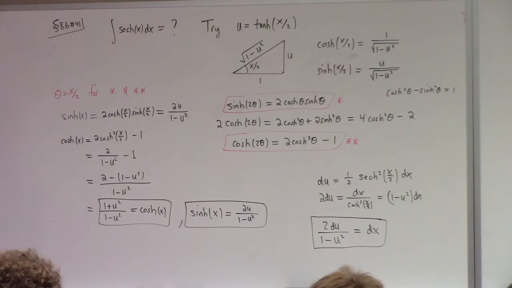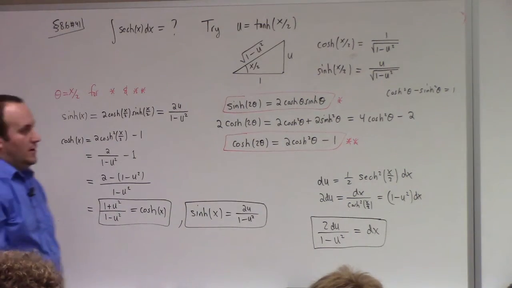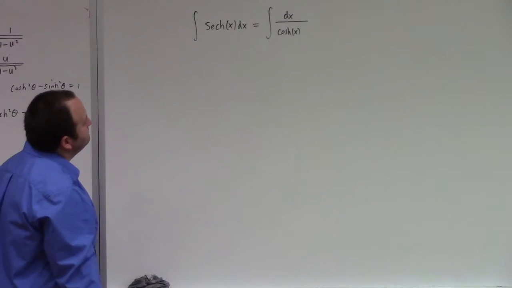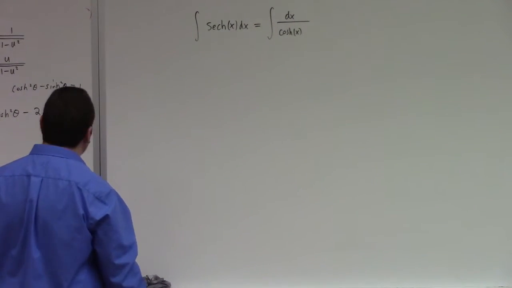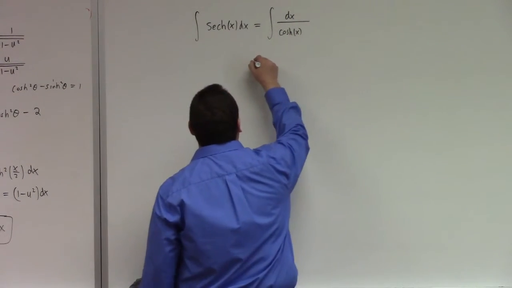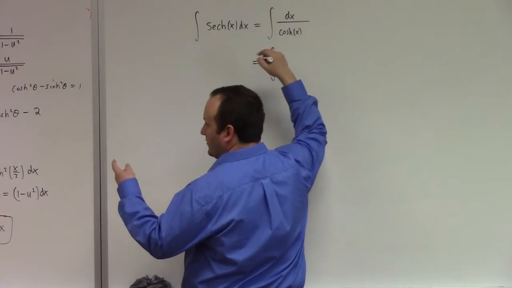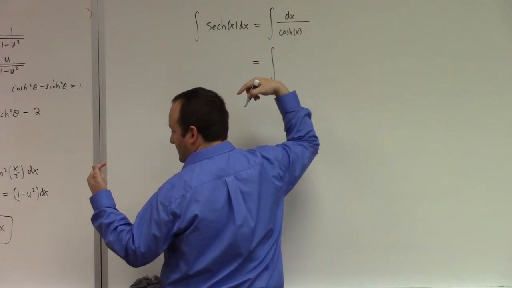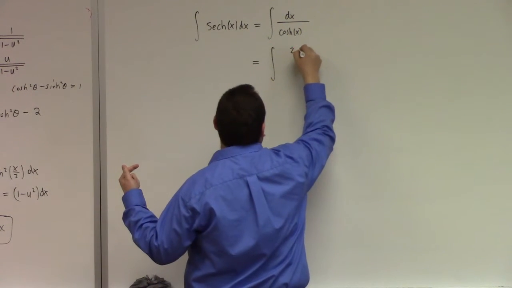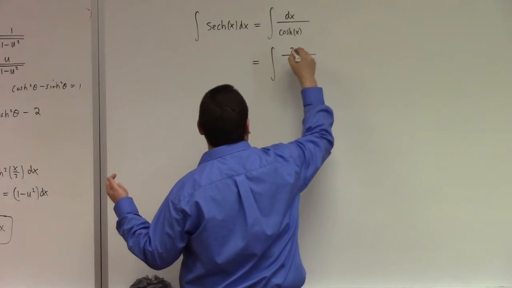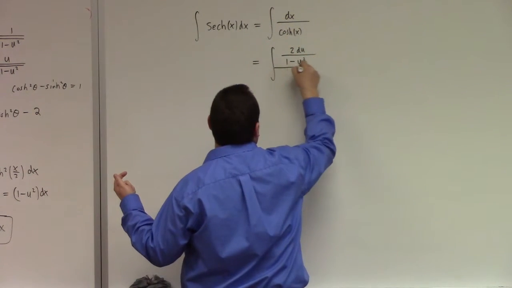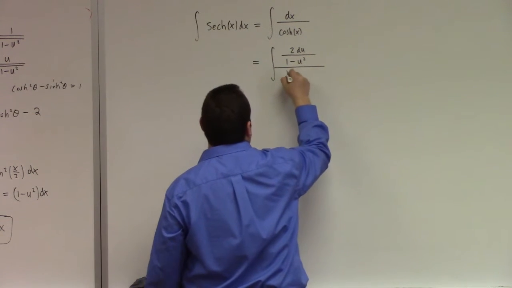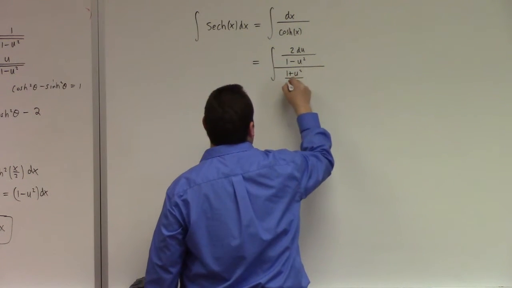That's okay. Oh, here we go. So we got ourselves a, what was dx? Oh yeah, 2 du divided by 1 minus u squared all over cosh x, which was what? 1 plus u squared over 1 minus u squared.